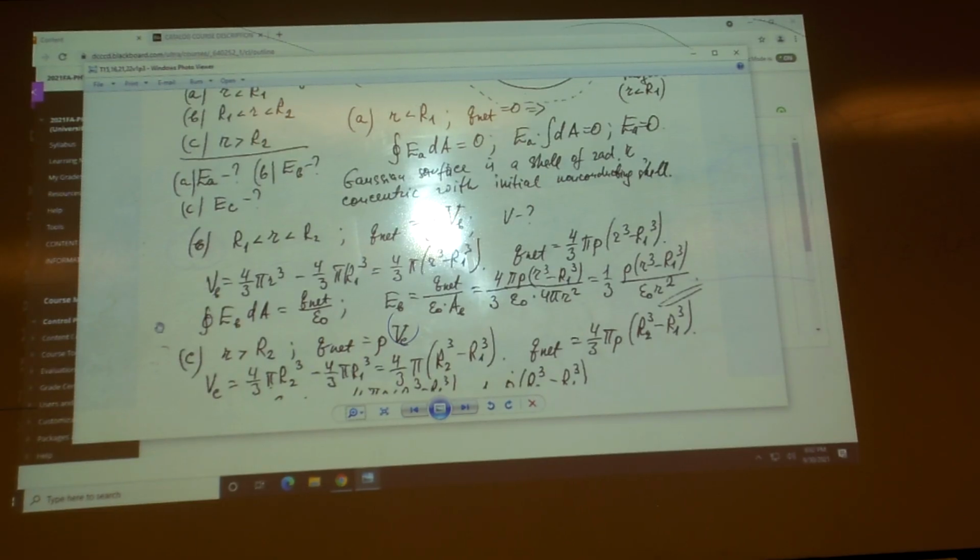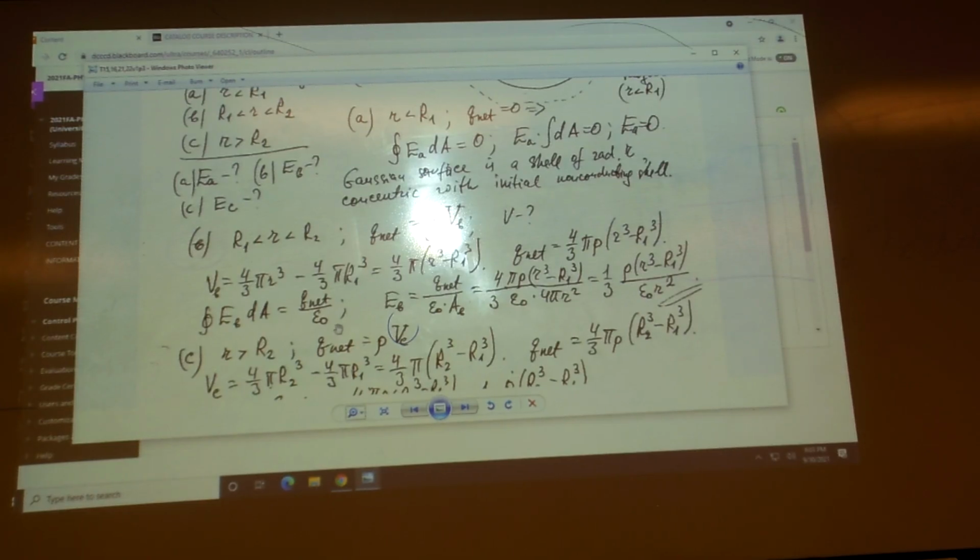That expression. We can find now EB, because we know that EB, field inside of that second area between R1 and R2, on any Gaussian surface which you choose would be the same. And notation for that field would be EB. So you can pull it out of integral.